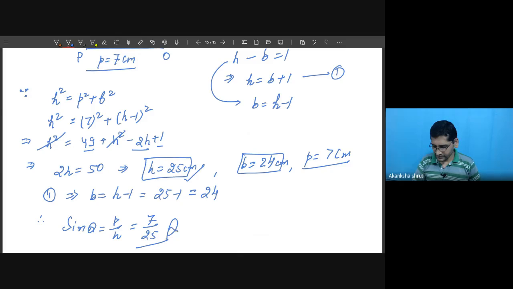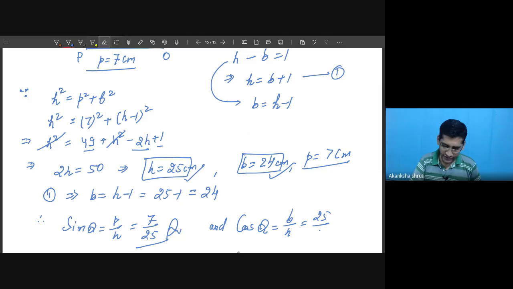Good. And our cos of Q is B by H. The B that we have calculated is 24, and H is 25, so it is 24 by 25. So this way we are getting the answer.